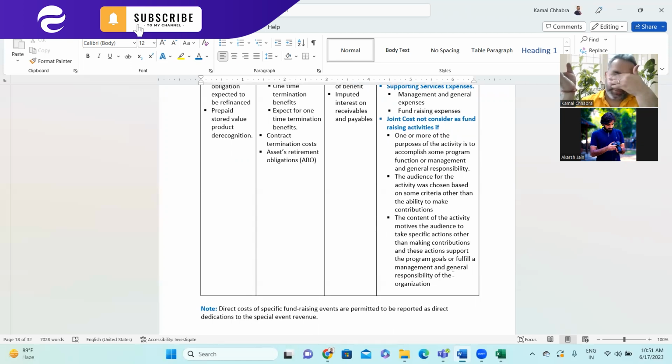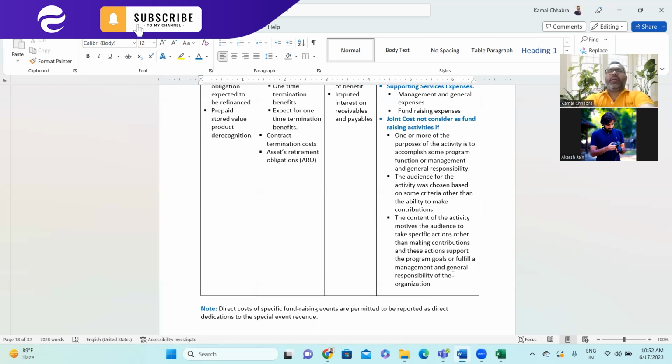But there are certain times when you are doing a fundraising activity and, parallelly, other activities also, and there would be some joint cost, like common area cost, common employee cost, or common marketing cost for the fundraising activity and other activities.